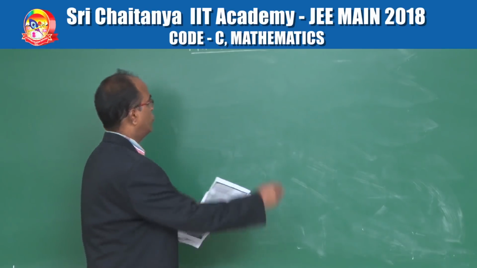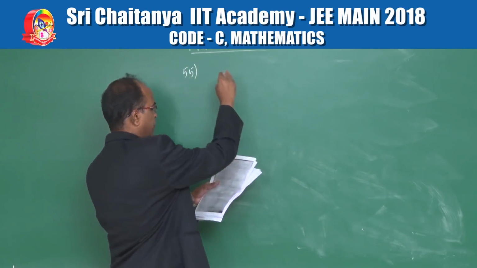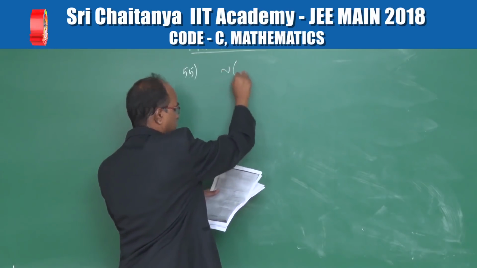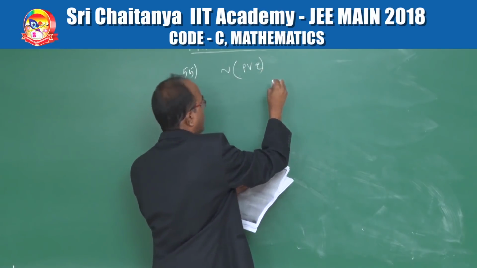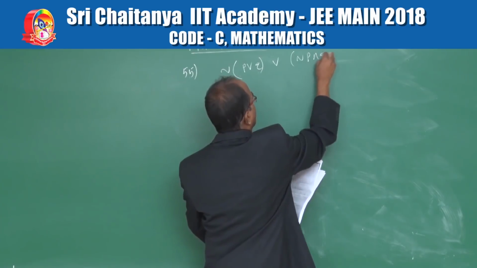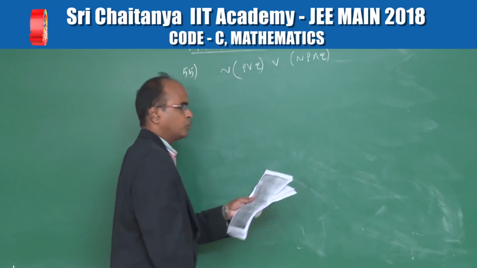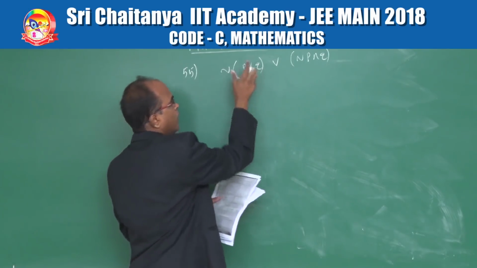We now discuss question 55. We are asked to simplify the Boolean expression not of P or Q, or not P and Q. What is it equivalent to? For that we can use first De Morgan's law.